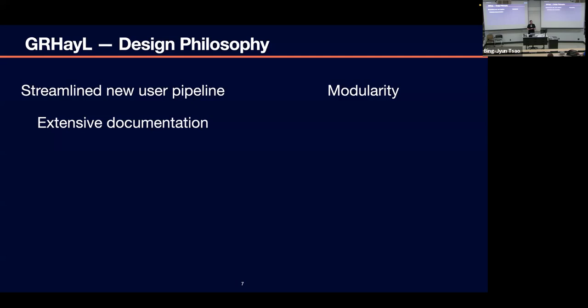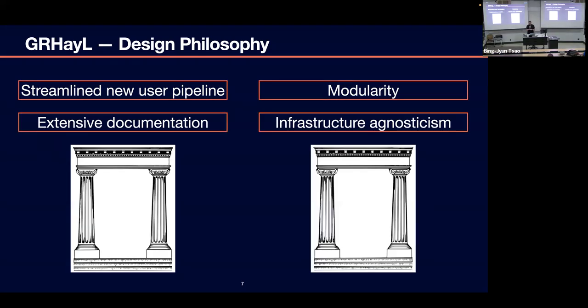Right now, the documentation lives in the form of wiki pages on our GitHub repository, but we're also moving towards a Doxygen website, which is on my plate to review for a while, and I haven't yet, but we're going to get to that. And infrastructure agnosticism. So these four core concepts basically form the pillars onto which GRHayL was developed. And the main goal there is just to create a better experience for both users and developers, right, in a way that is a little bit easier to deal with.